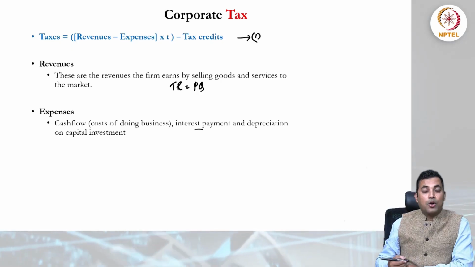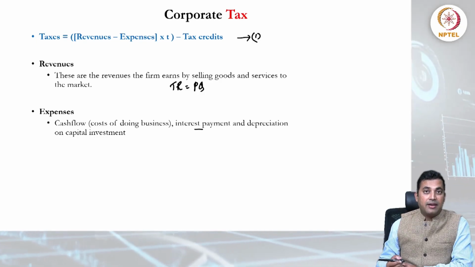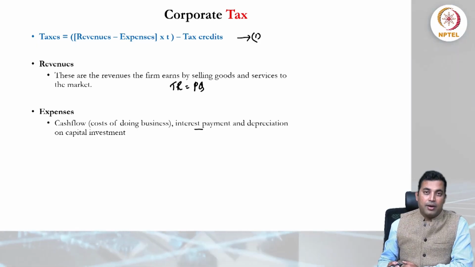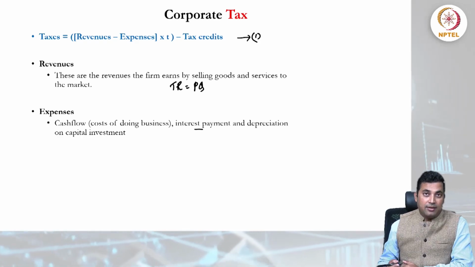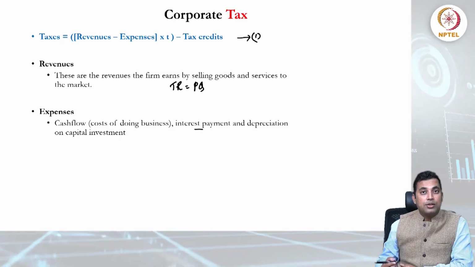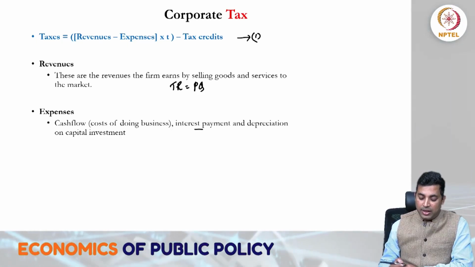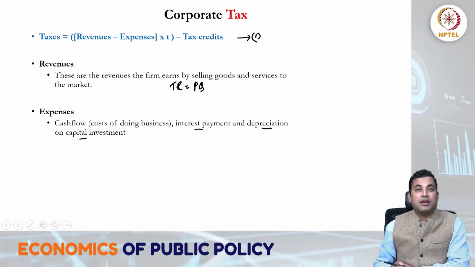So when the cost for the company or business needs to be counted as total expenses, it is not only the cost of raw materials or other basic necessary things, but the interest payment also needs to be calculated. The third component is the depreciation on the capital investment.